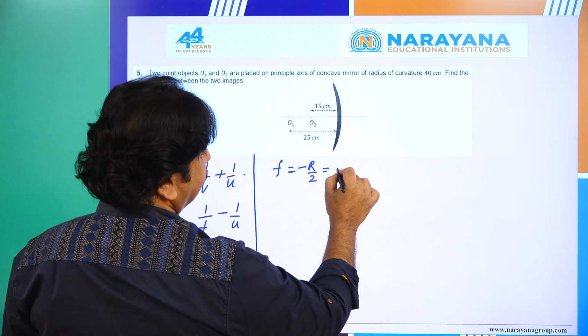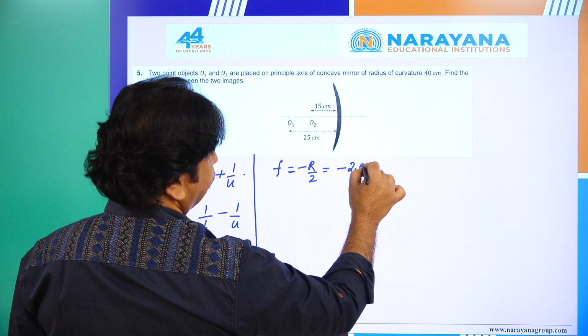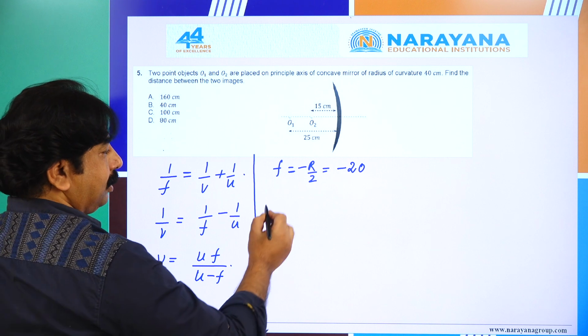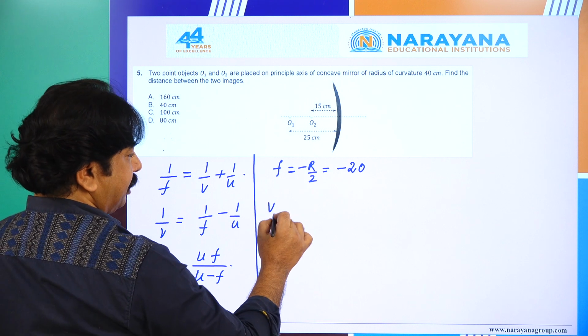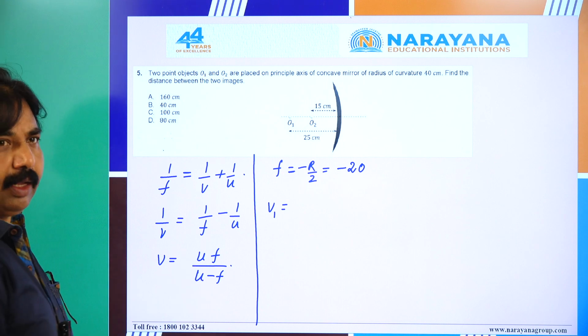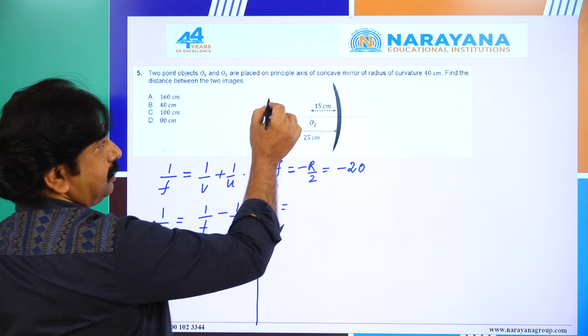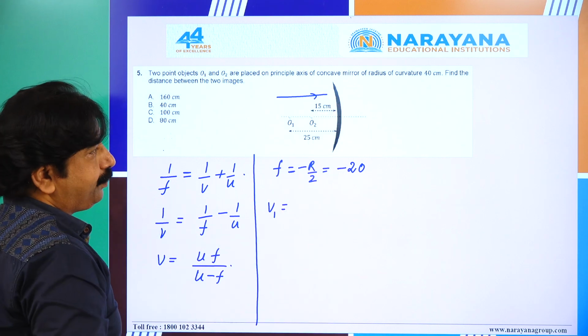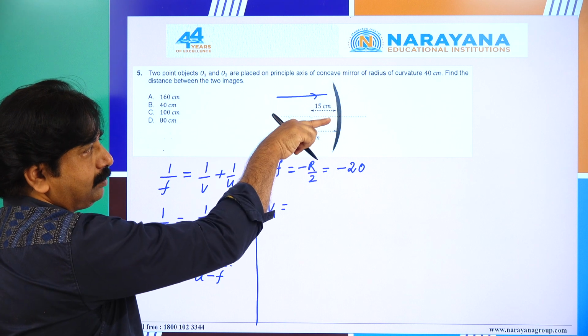As for that one, here this is minus 20. And already you know the different values of u. Therefore, v1 and v2 we have to calculate. Before that, this is the ray diagram, already you know, the sign convention also you know. This is the incident ray direction.